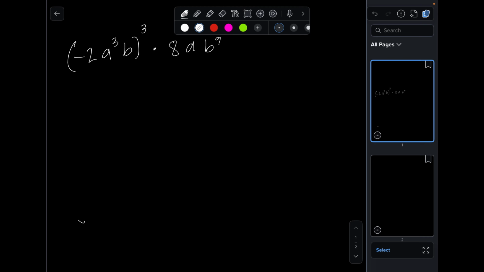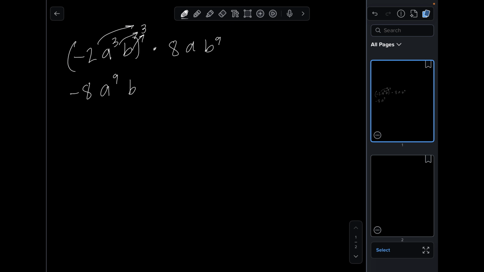So what this means here, let me explain the theory behind it. Negative 2 to the third power is negative 8. And then a cubed to the third power is a to the 9th power. b to the third power is just b to the third power. Now you're wondering, how, Miss S?